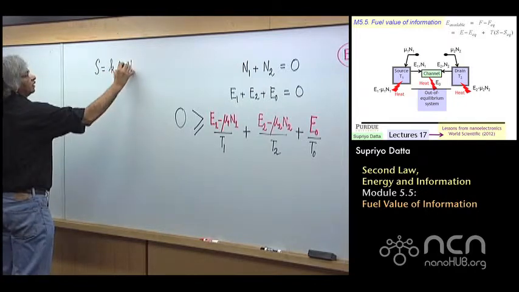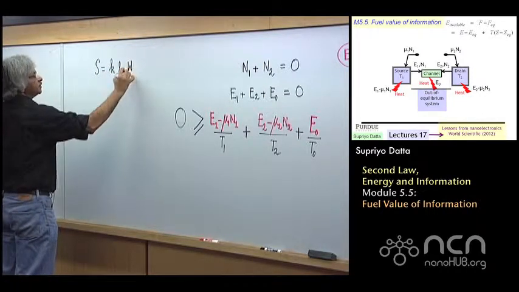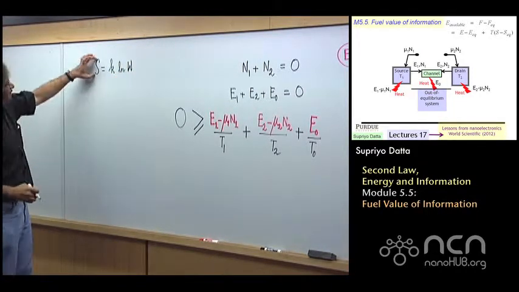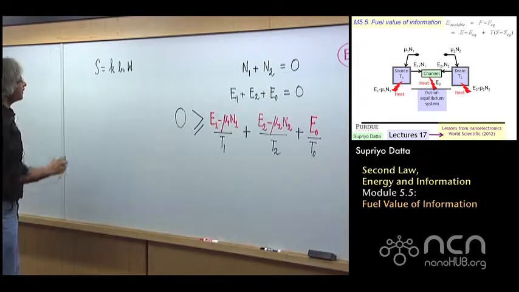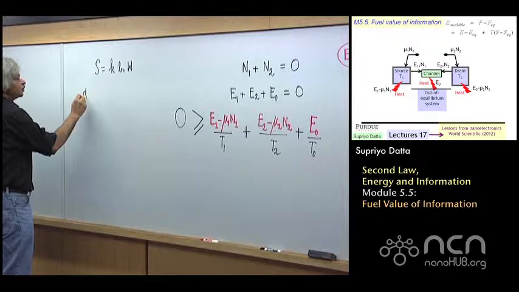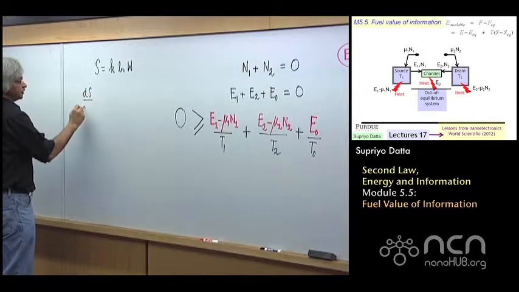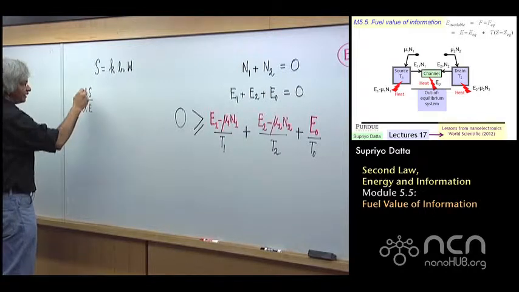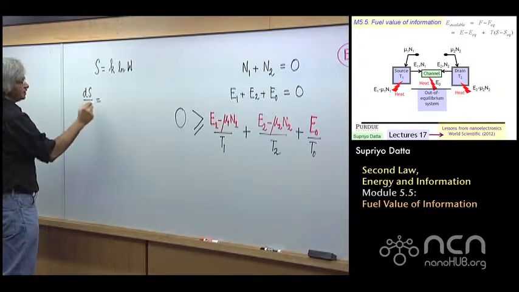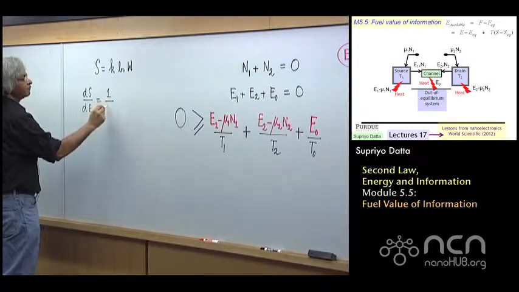S equals K log W, which tells you that this is a measure of the number of states available to this reservoir, and which always increases with energy. So the more energy a reservoir has, the more the entropy, and it is this dS/dE that is defined as the temperature of that reservoir.